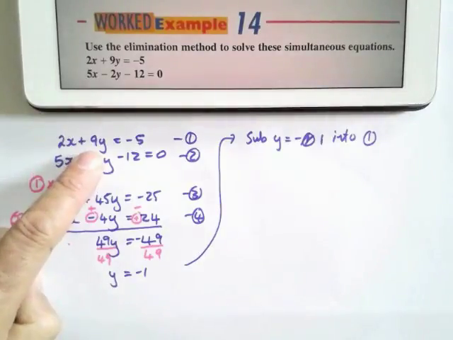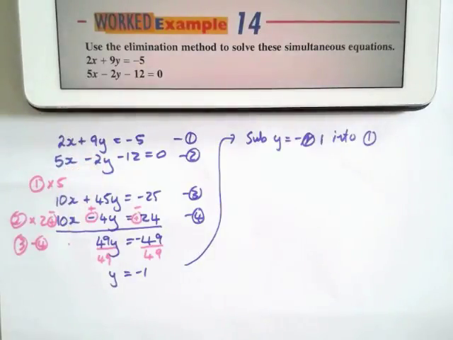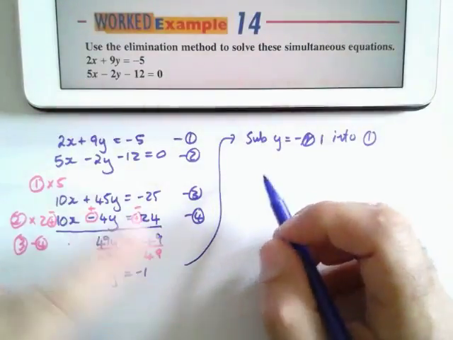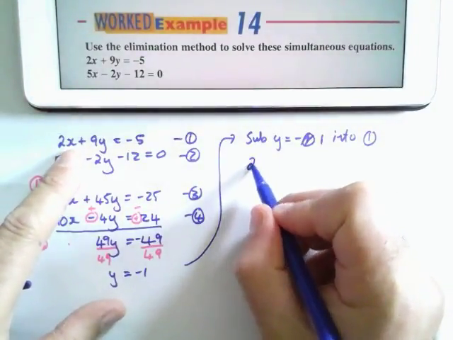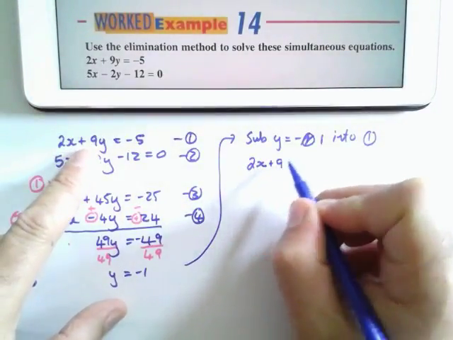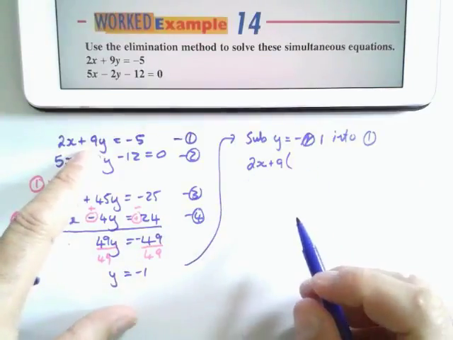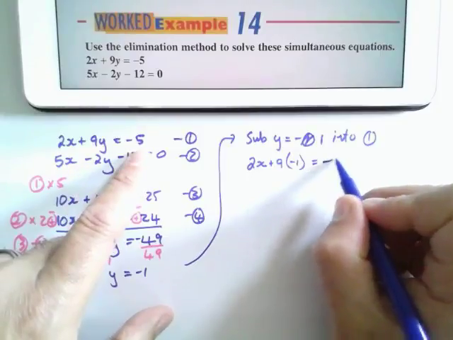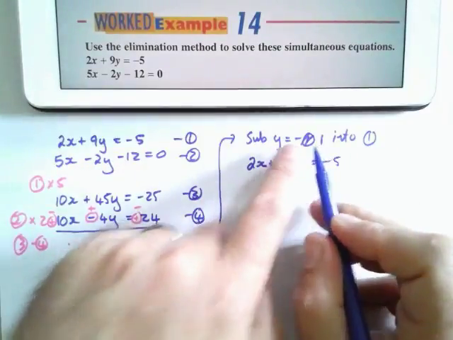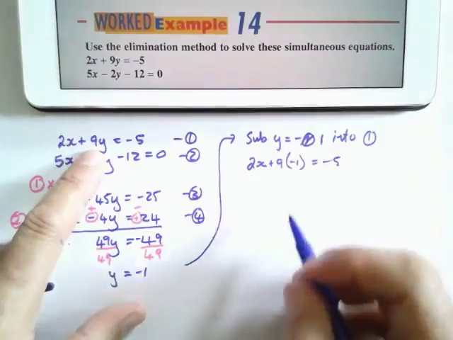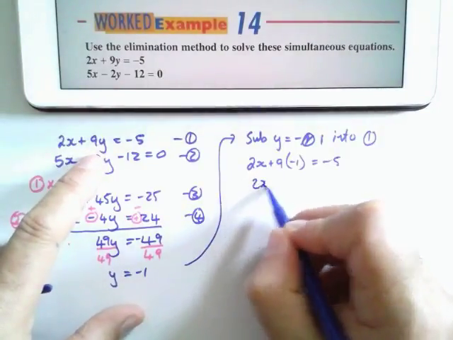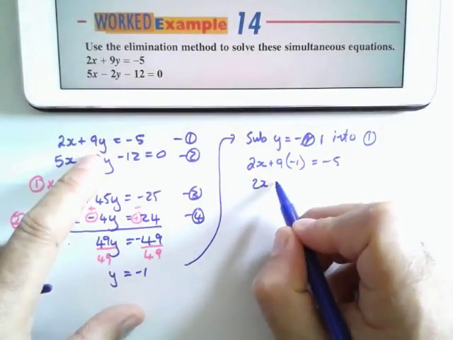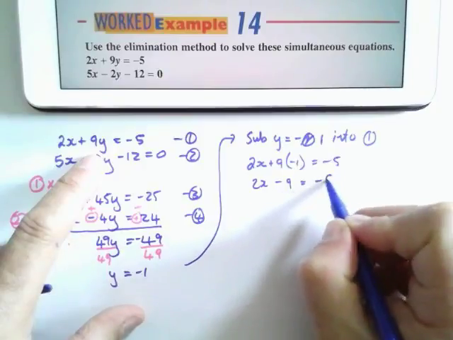So this is 2x plus 9y, I'm going to use a bracket, y is negative 1, and that equals negative 5. That's going to give me 2x plus 9 times negative 1 is negative 9, which equals negative 5.